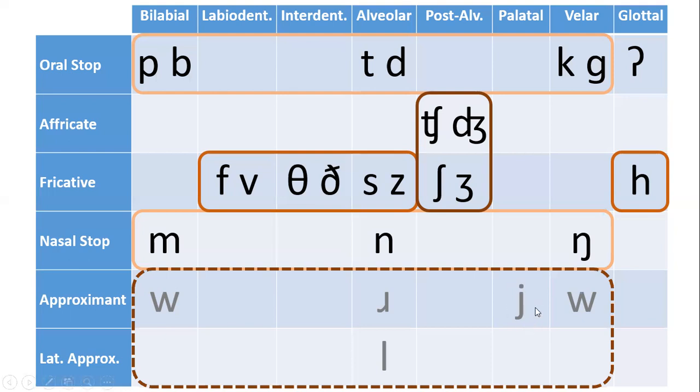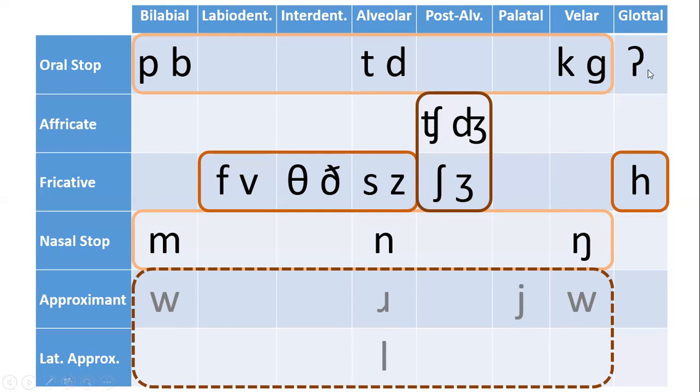This is a y. And then one more that we write in 2 places on the chart, the labiovelar approximant w. But that's just one sound written in 2 places to remind you about the 2 articulations. So that is all the consonant sounds we have in English phonemically.